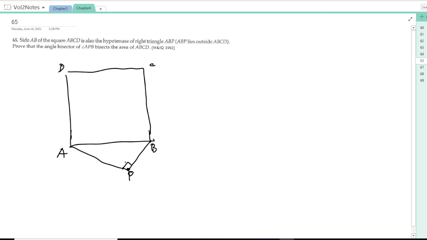So we have an angle bisector, 45 degrees, right? So we want to prove this one. For example, it intersects at two points, E and F. We want to prove EF bisects the area of ABCD.